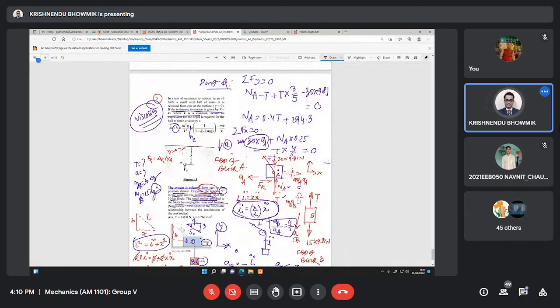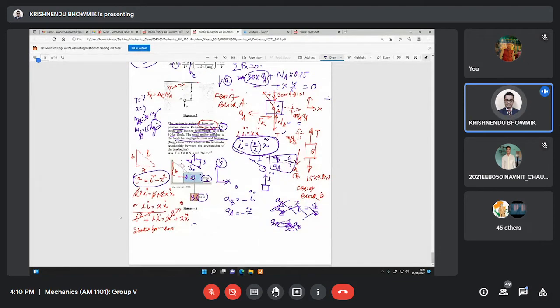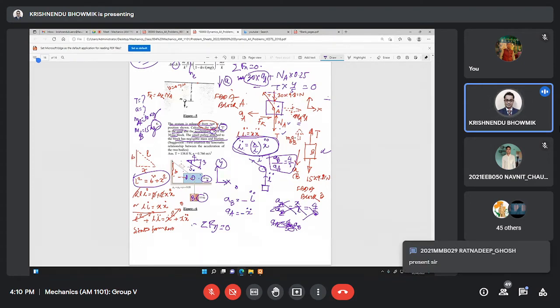Now for B, A is done. For B, summation Fy equal to 0, because it's only vertical movement, okay? That will give, this is the MB I have written, correct?